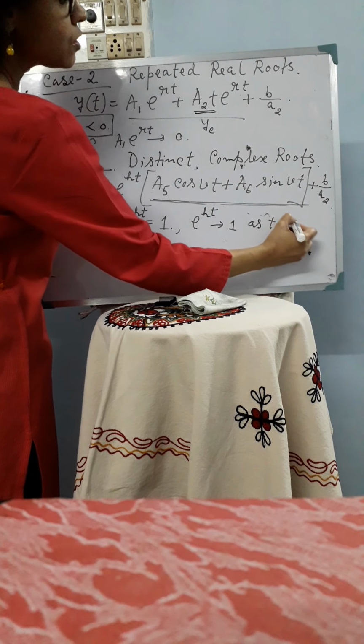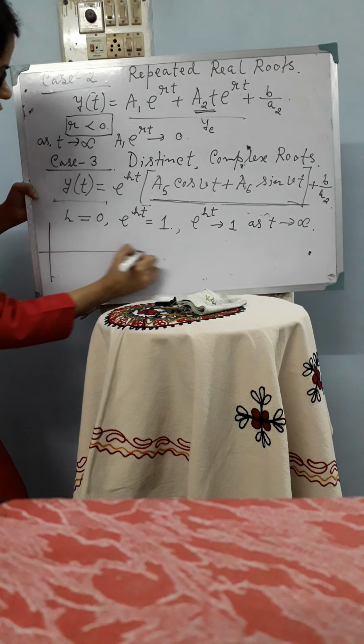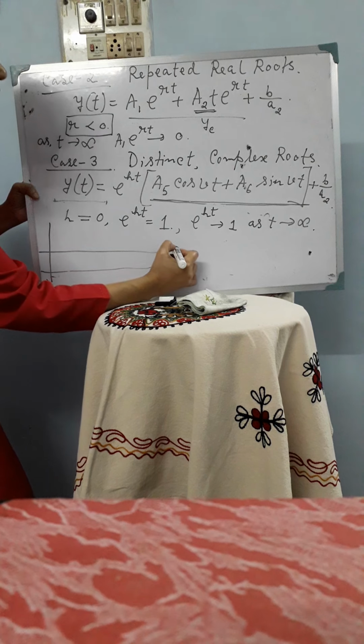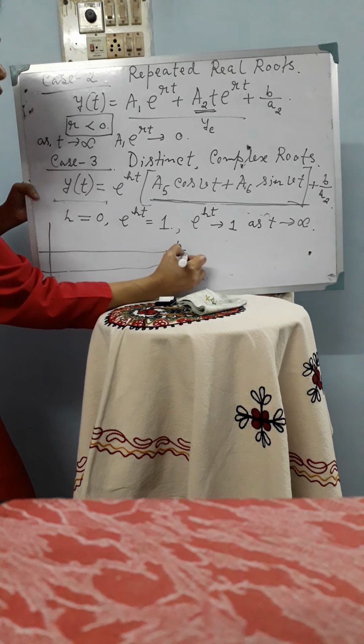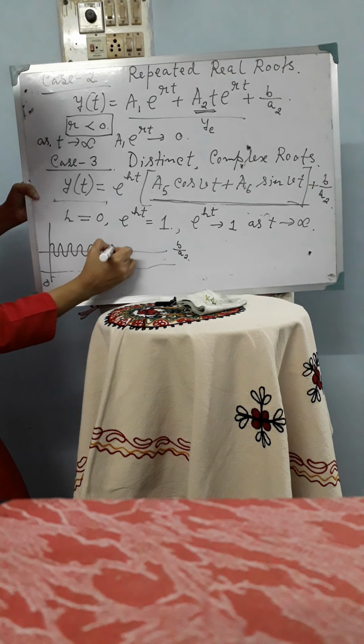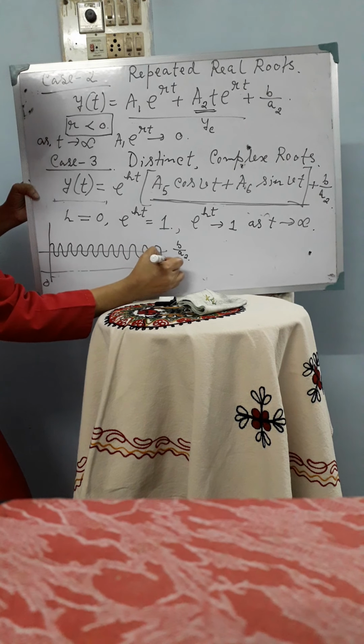So in that case we will have uniform oscillation. This is the origin and this is the value b by a2. So we will have uniform oscillation. Here the time path is neither divergent nor convergent, but it shows uniformity in oscillation.